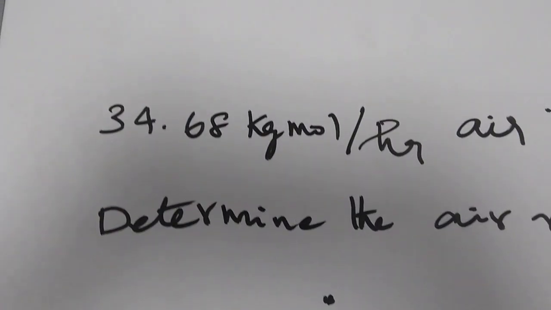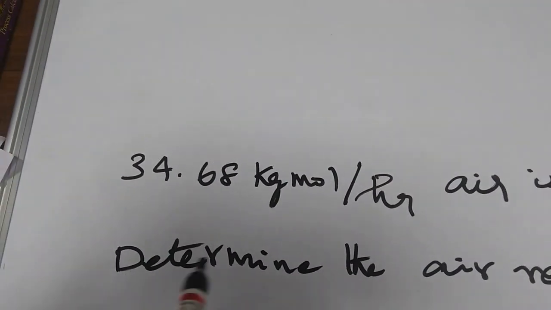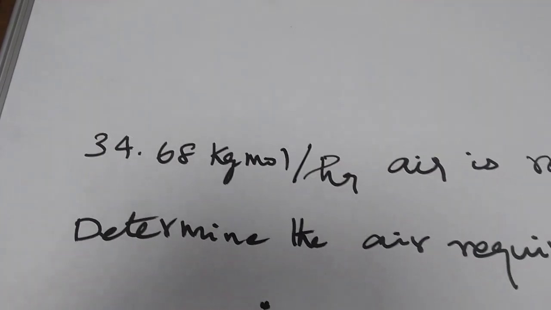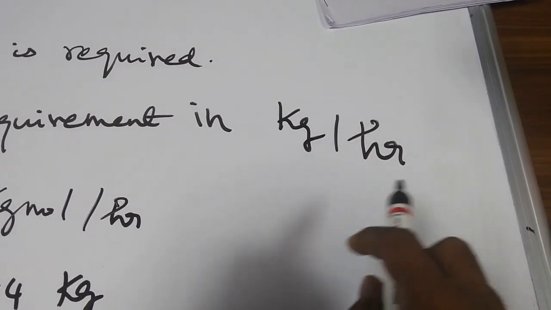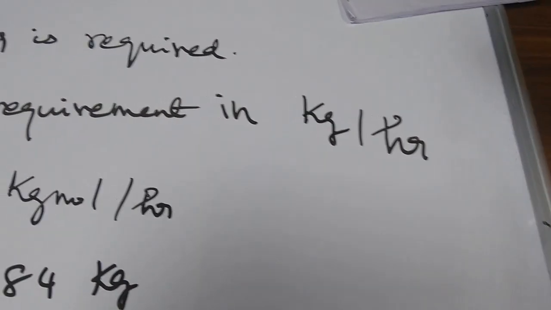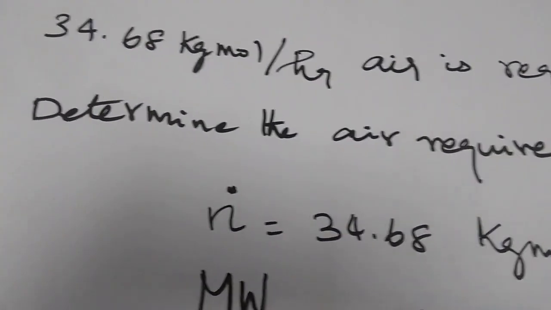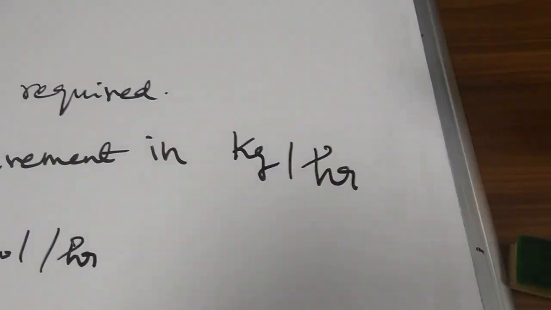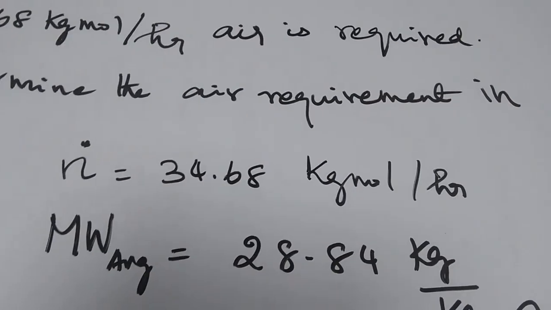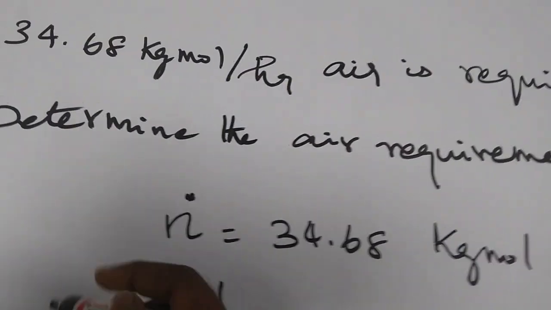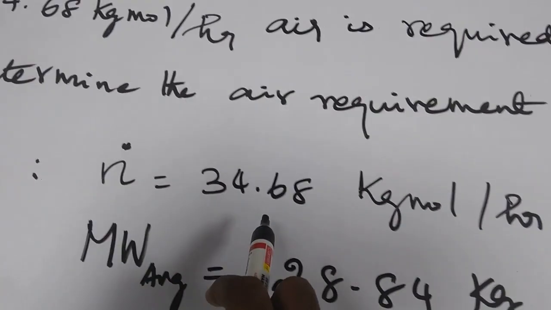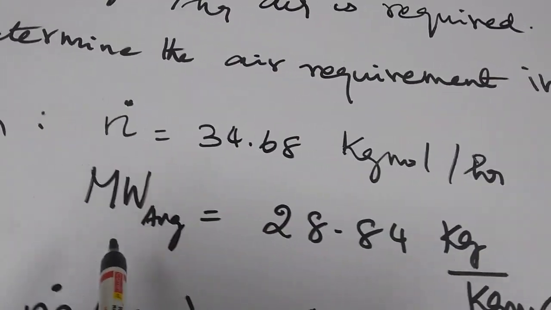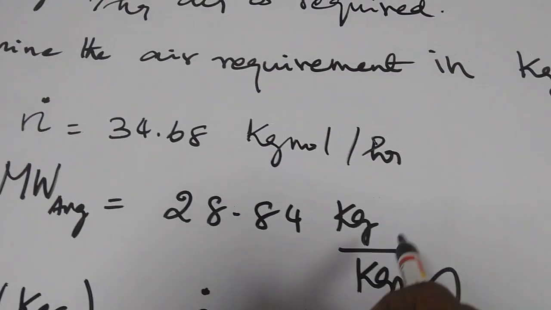So what is the question? The air requirement was given as 34.68 kg moles per hour, and we were asked to determine the air rate in kg per hour. What we did was write the given data first: molar flow rate 34.68 kg moles per hour, average molecular weight 28.84 kg per kg mole.